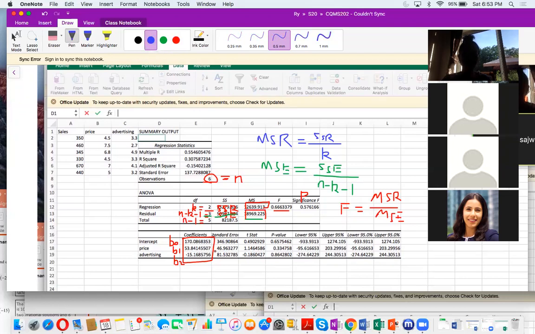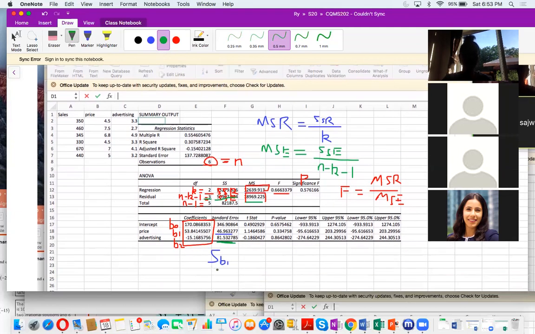One is 46.96, and we use the notation S with subscript B1, the standard error for B1. And this other one is the standard error for B2. You are going to see this notation in the textbook and in online modules.